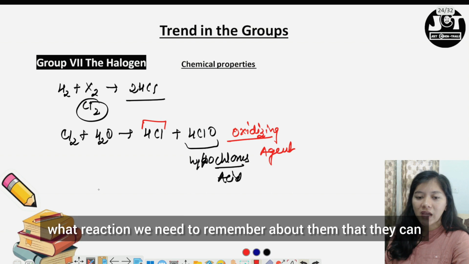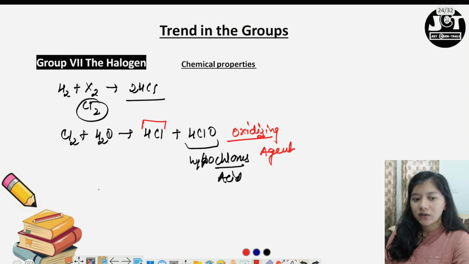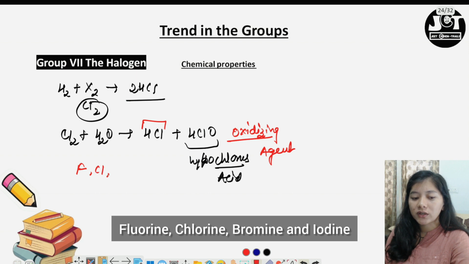Other than that, the reaction we need to remember is the displacement reaction I already mentioned. We have four halogens in the halogen table: fluorine, chlorine, bromine and iodine.